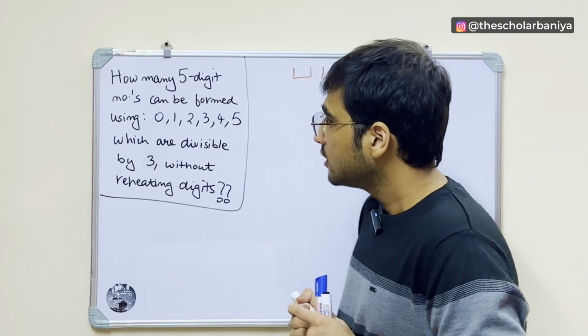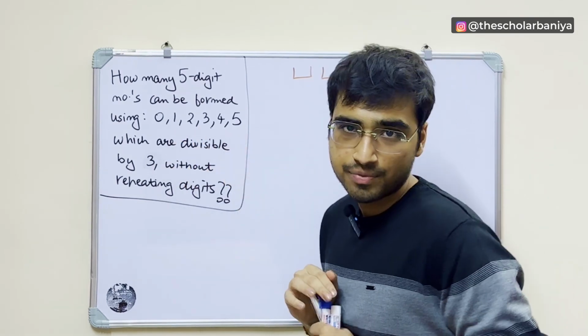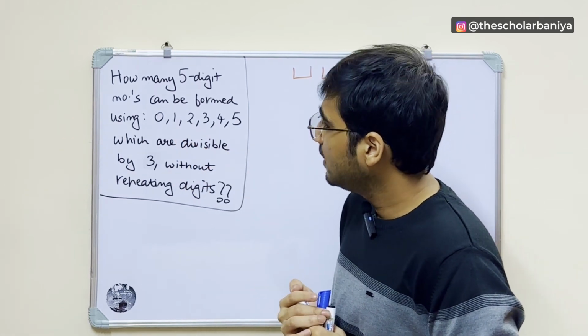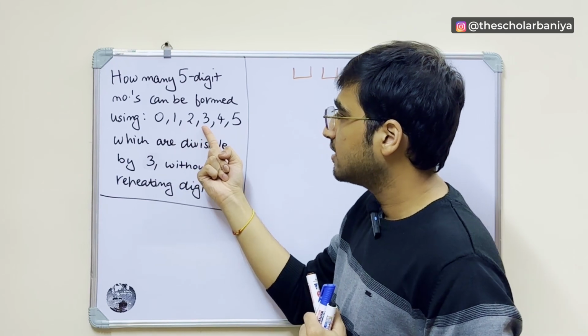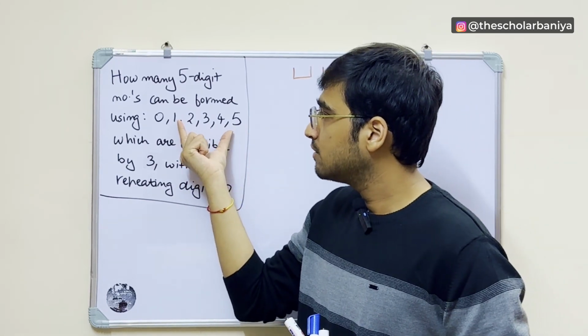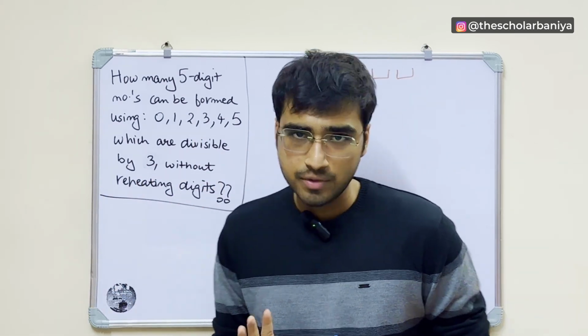For example, let's suppose we take 1, 2, 3, 4, 5. If you add them: 1 plus 2, 3, 3 plus 3, 6, 6 plus 4, 10, 10 plus 5, 15. So the sum is 15, and obviously 15 is divisible by 3, right?